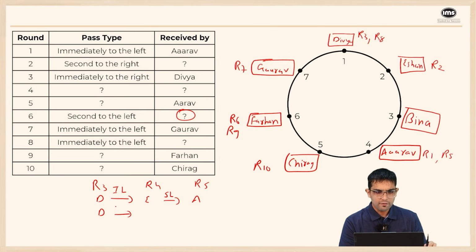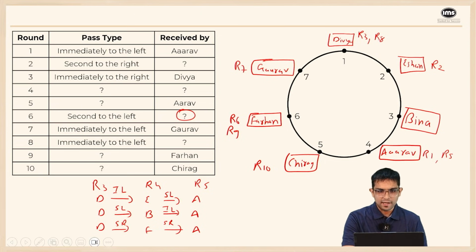Or Divya can pass it to second to the left to Beena, and Beena passes immediate left to Arav. Or else Divya passes second to the right to Farhan, and Farhan passes second to the right, that is again Arav. So these are the 3 cases possible. Now if we know this entire arrangement and all the 3 cases possible, we can solve all the questions. Let's go to the questions.